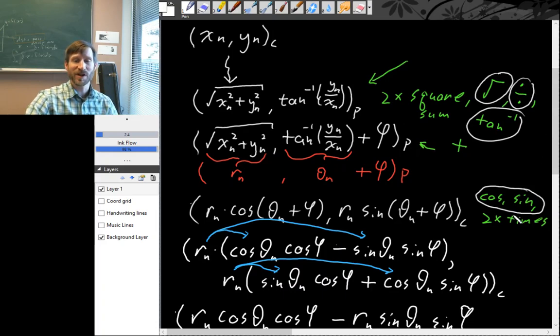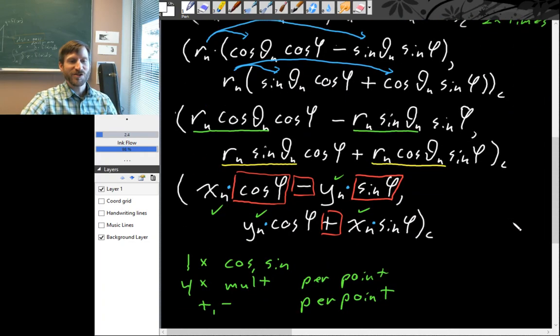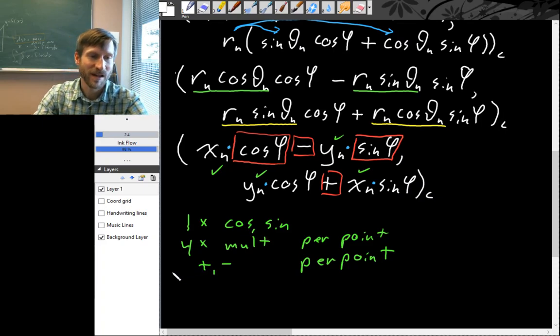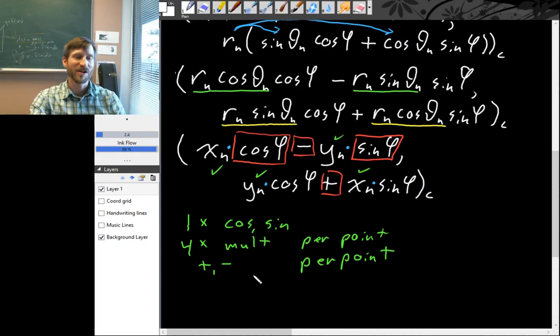So all of these operations we had to do millions and millions of times, once for every point. Using this new method, for each point we have to do 4 multiplications, an addition and a subtraction, and then only once at the beginning, 1 cosine and 1 sine. So this is much, much less work than we had to do using our original idea.